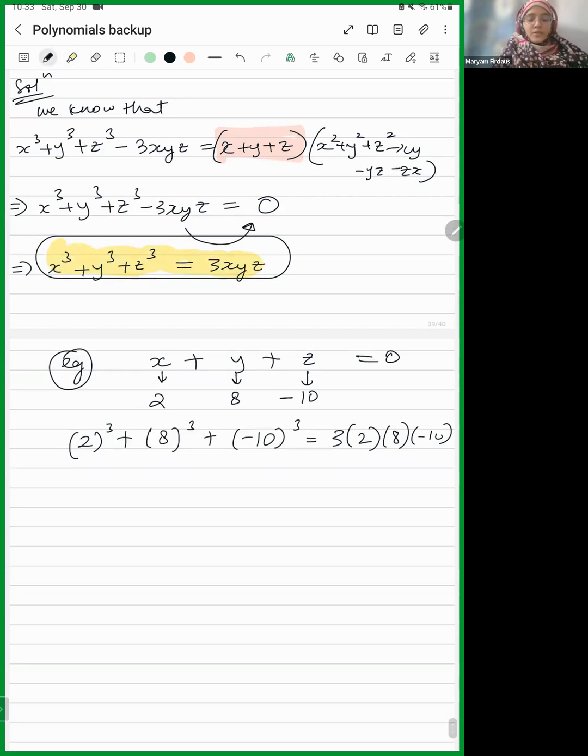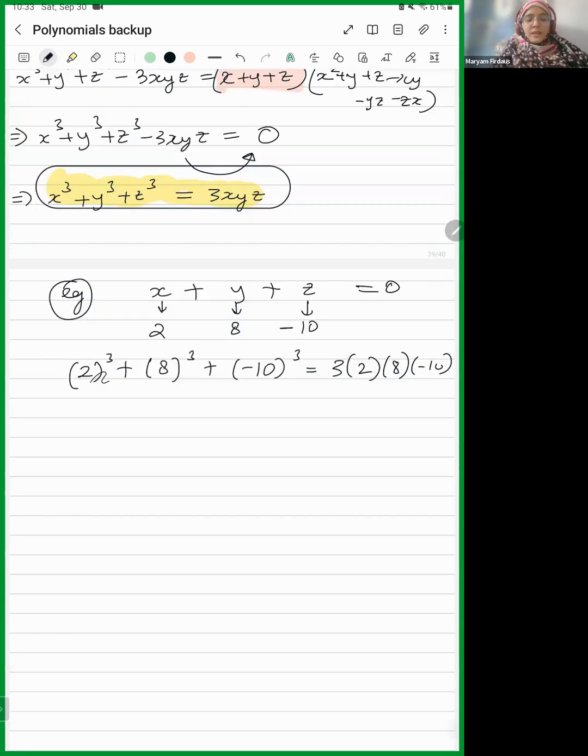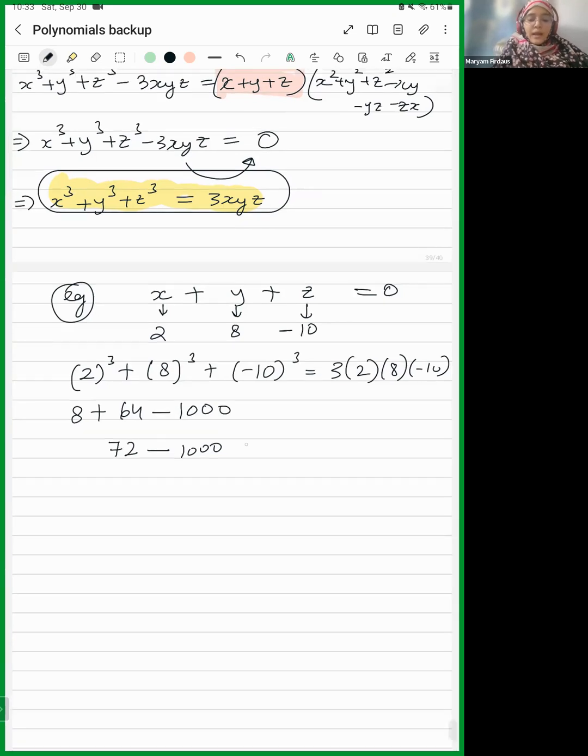So on the LHS, you have 2 cube is 8, 8 cube is 64, and then minus 10 cube is going to be minus 1000. So this becomes 72 minus 1000, and that is how much? This is equal to negative 928.